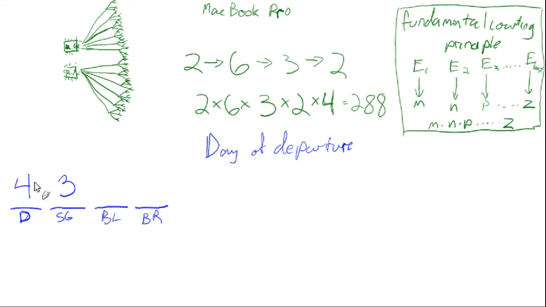After that, two people, the driver and the shotgun person, the co-pilot, have been chosen. So there's only two people to sit back here. So one of those two people is going to choose to sit in the back left, and the last guy is just going to sit in the last seat that's available. So 4 times 3 times 2 times 1, 24 possibilities for you guys to jump in there and arrange yourselves and drive away, right?